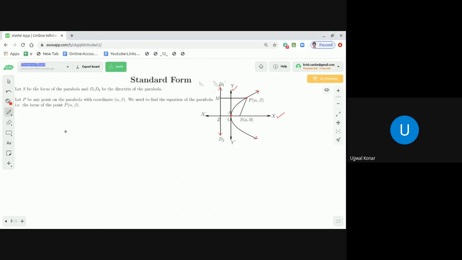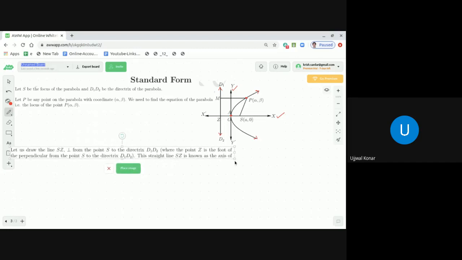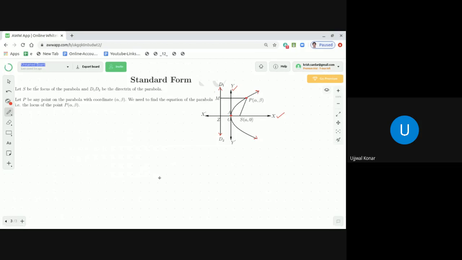Okay, so let me write it down, and you'll be able to get it very clearly, dear students. And if any smallest doubt, never hesitate to let me know. So what I wrote there is that let us draw the line SZ perpendicular from the point S to the directrix D1, D2, where the point Z is the foot of the perpendicular from the point S to the directrix D1, D2.